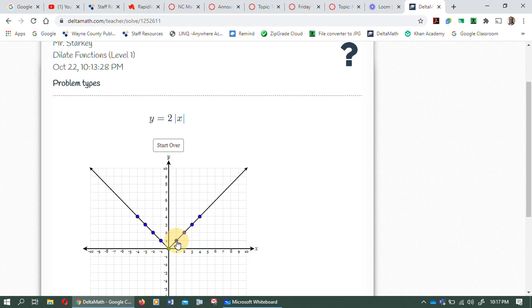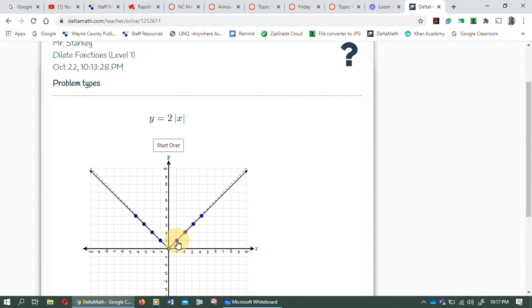We're going to stretch the y value by a factor of 2. When you multiply 1 times 2 for the y value, you get 2 as the new y value, right?